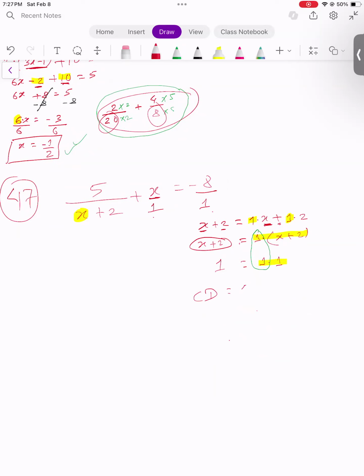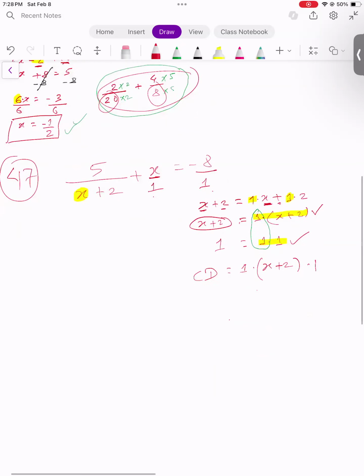You just write these two factors one time. Now we don't have any more common, but we have x plus 2 and 1 left. So you write those factors as well: x plus 2 times 1. So this is 1 times x plus 2 times 1, which is x plus 2, and this is your common denominator.